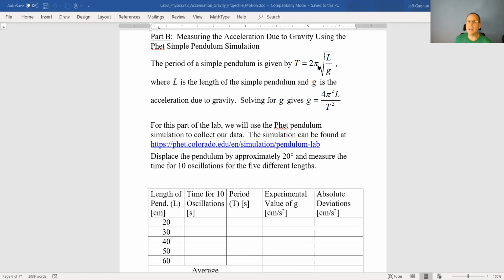It's 2 pi times the square root of the length of the simple pendulum divided by g. Well, I can rearrange this equation and solve it for g. So if you do a little bit of algebra, you'll find that g is equal to 4 pi squared L over the period squared. So if we know the length of the simple pendulum and we know its period, we can calculate g. So it's another way of calculating g.